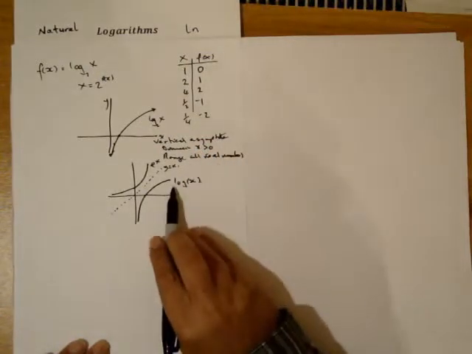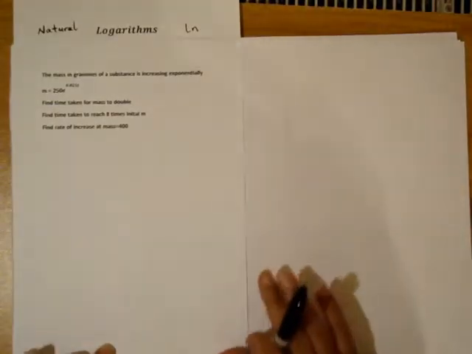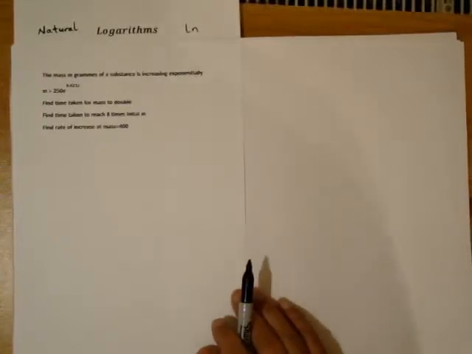So log x and e to the x are the inverse of each other. E is usually used in equations involving exponential growth, like colonies of bacteria, or compound interest on money.